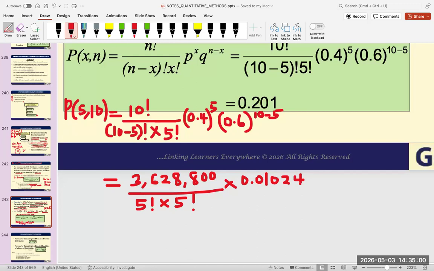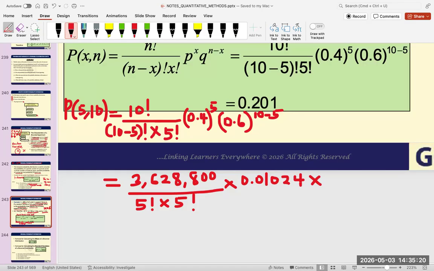Multiplied by, then you do this one too, 0.6 raised to the power 5. 10 minus 5 will give you 5, raised to the power 5.